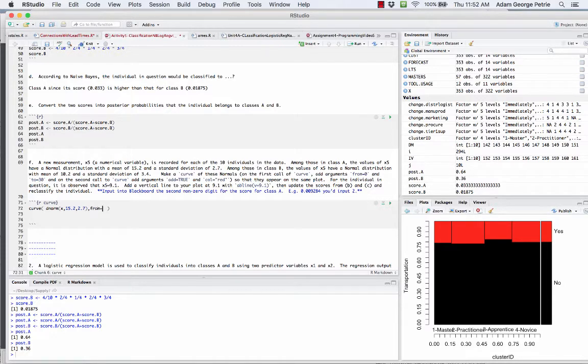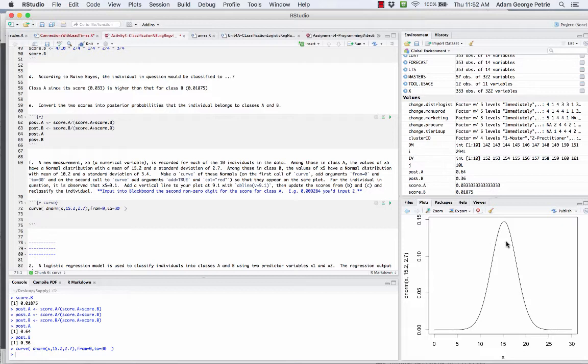And so we can add arguments from equals 0 to equals 30 to get our first plot here. So we're assuming that the distribution of x5 looks like this for individuals of class A, peaking at 15, with a typical difference between the mean and the values observed of about 3 here, standard deviation of 2.7.